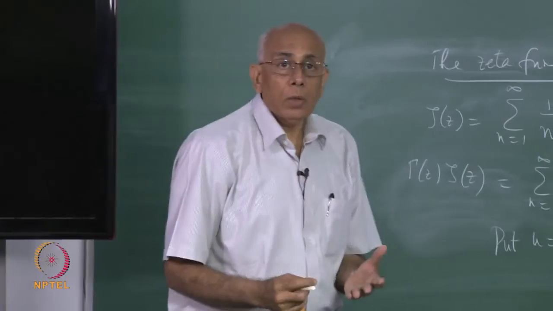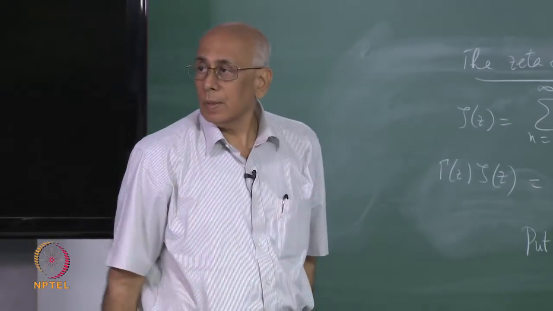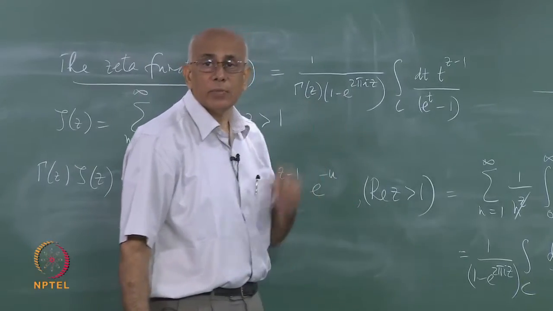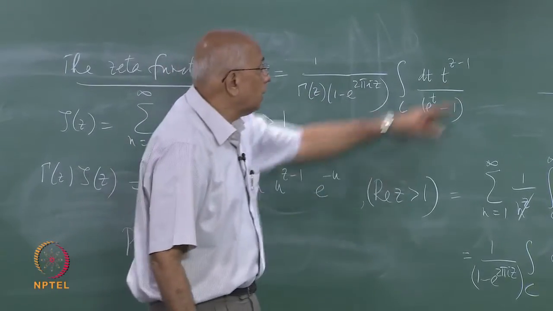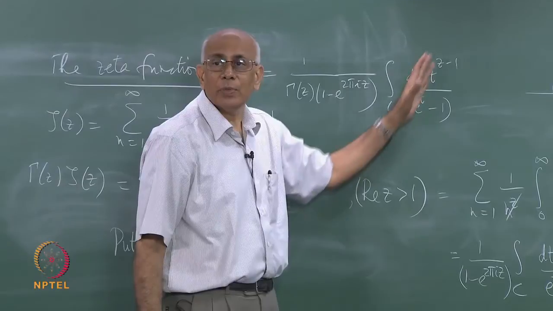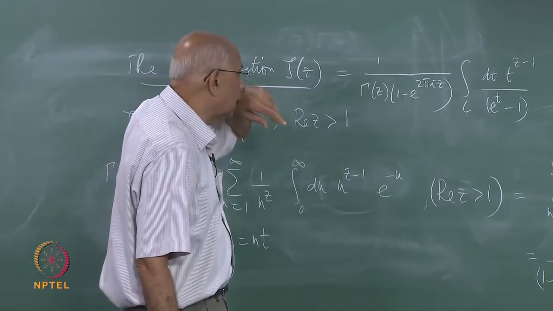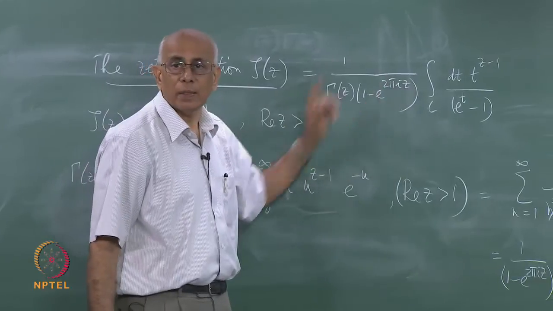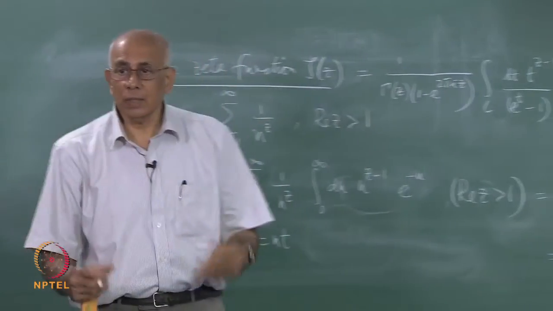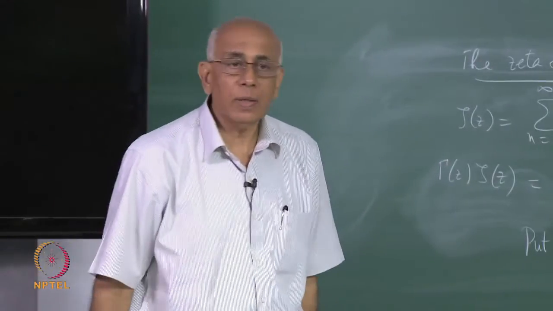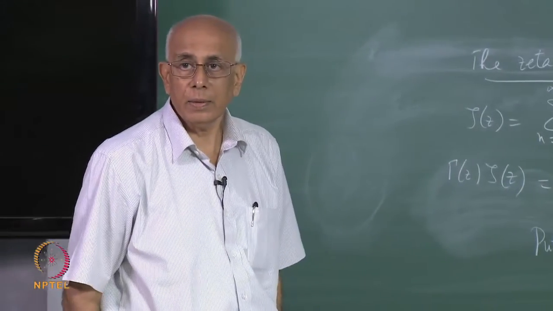And now you see this contour no longer touches 0 at all. So in principle it is valid for all values of z. This thing here is an entire function of z, and all the singularities of this zeta such as they are must arise from this factor here. The gamma function has singularities, e to the 2 pi I z could be equal to 1 for various values of z, and you could have singularities.